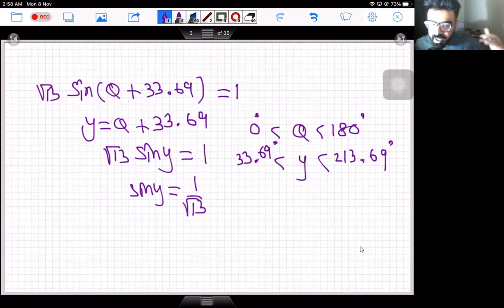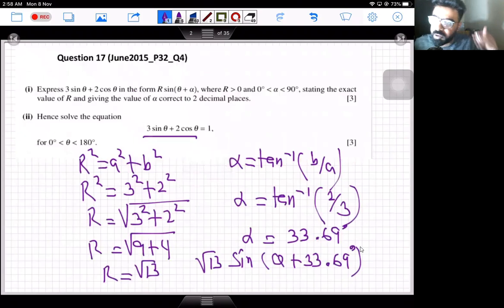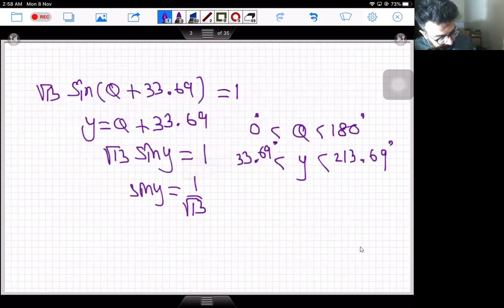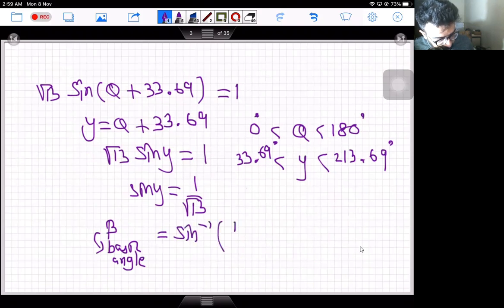So the basic angle alpha. Alpha is already occupied over here, so I'm going to use another term, let's say beta, so that you do not confuse this alpha with that alpha. These are two separate things. So my basic angle is beta. The basic angle is equal to sine inverse 1 over root of 13.